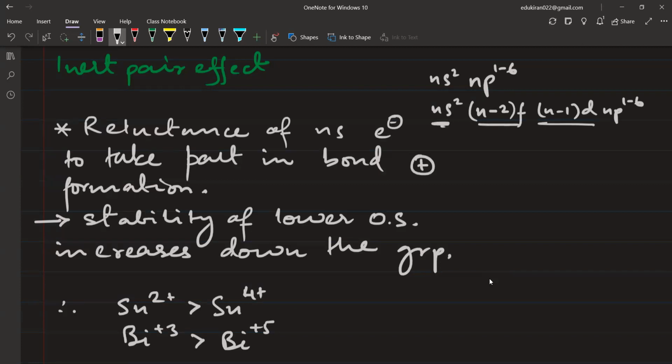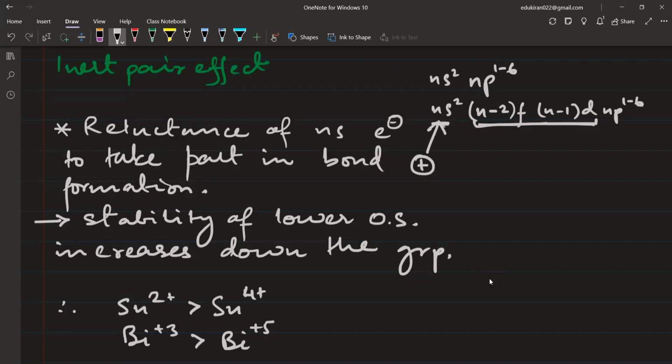Here we have the nucleus, and since s electrons are very near to the nucleus, they are attracted very easily. And these f and d subshells, they are not able to shield the s electron effectively of the valence shell, and that is why these s electrons, they feel a high level of attraction from the nucleus.